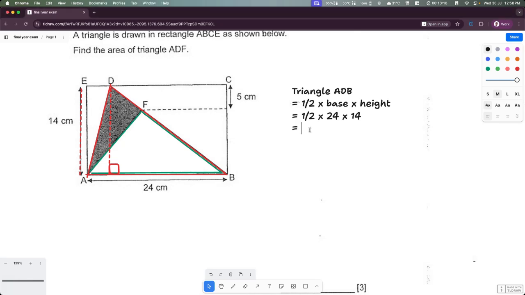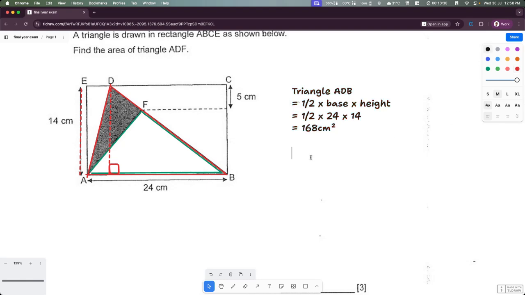And this will give us 168 centimeter square. So I'm gonna put here square. All right, so now we know triangle ADB, which is the red line over here. So I'm gonna put a line as well, so it makes sense.